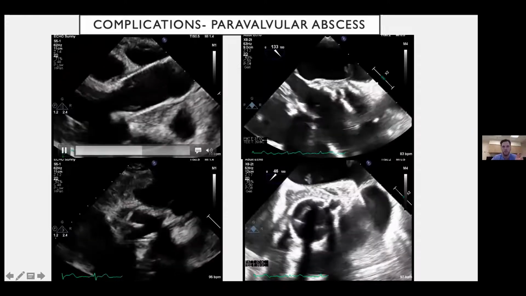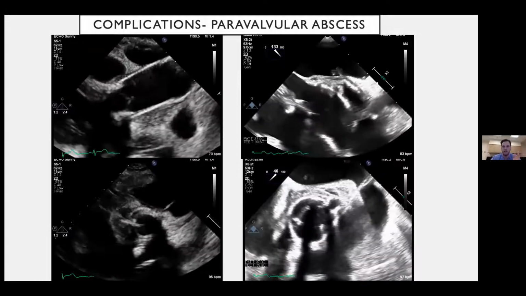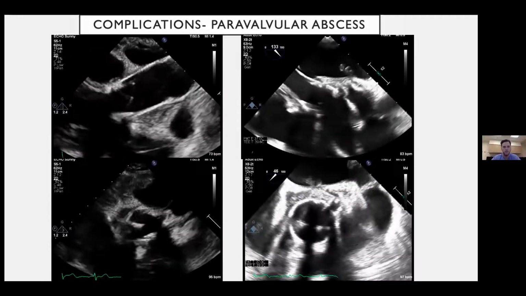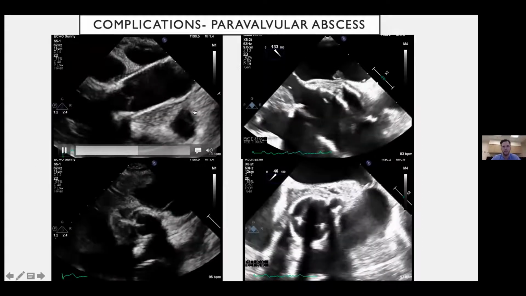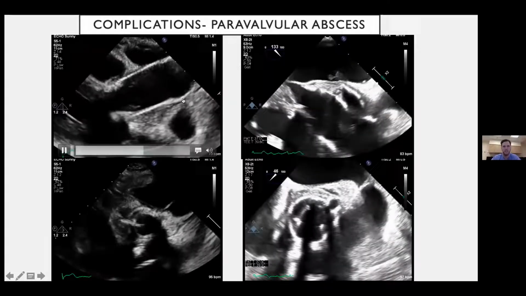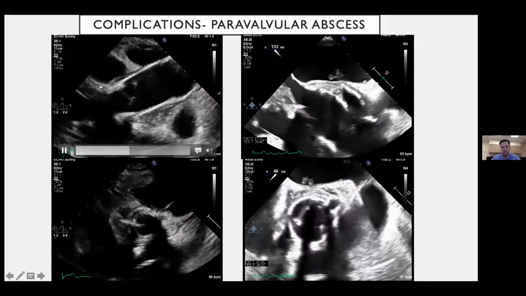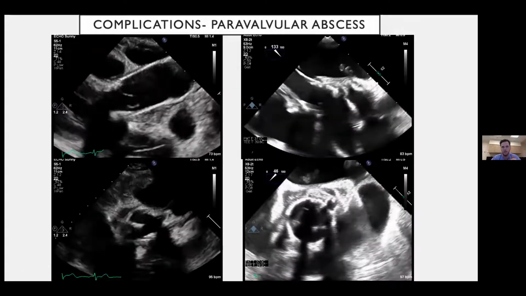I can tell you there was no regurgitation, although acoustic shadowing does limit vegetation detection here, but it's pretty good. But posterior to the valve, you can see thickening, and there's extensive heterogeneous perivalvular thickening that is suggestive of abscess. It's really seen more clearly on the right, on the TEE images.